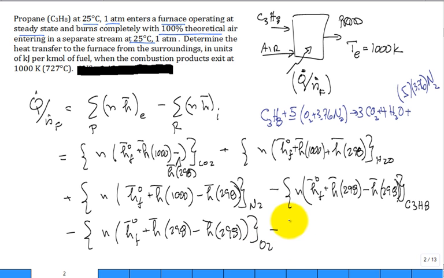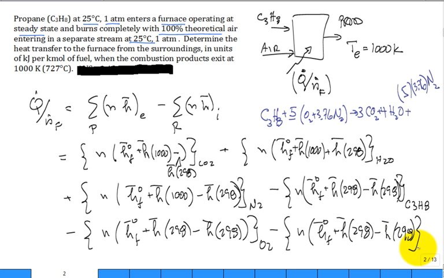Oxygen minus molar enthalpy of formation plus enthalpy at 298 minus molar enthalpy at 298, and this would be for the N2. And if I emphasize a lot of times, this is the N2 that's coming in with the reactants. This is the N2 going out with the products.